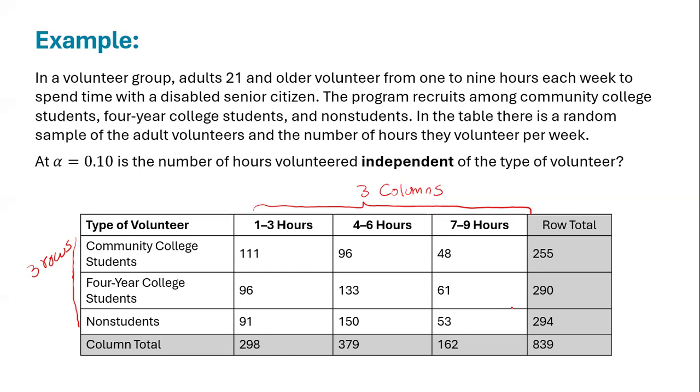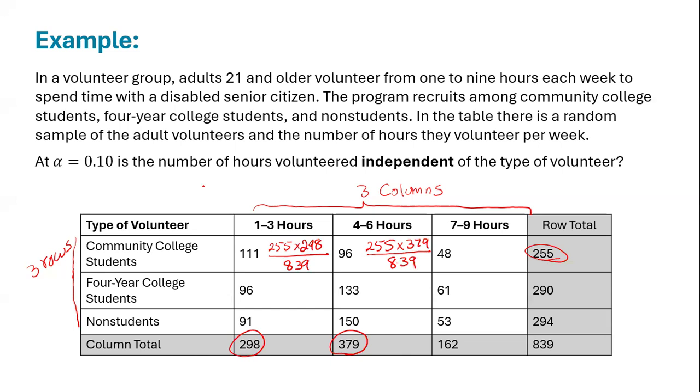Now, to find the expected frequency for 111, the first one, I need the sum of the first row and the sum of the first column, and then multiply together, divide by the sample size. For 96, I need the sum of the first row, multiply by the sum of the second column, divide by the sample size.